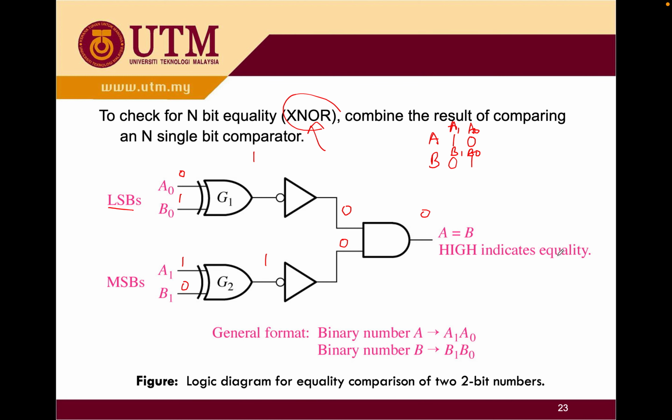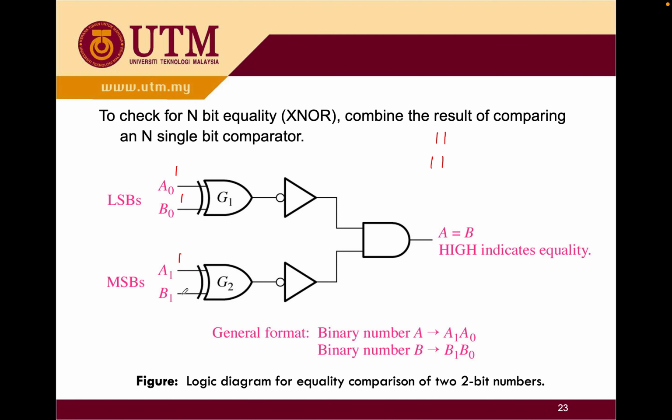High indicates equality, whether it is equal or not equal. High indicates equality, A equal to B. But here you can see we got 0, which means that it is not equal. Of course it's not equal, right? Okay, let's try. Maybe we have 1, 1, 1, 1. So it is equal.